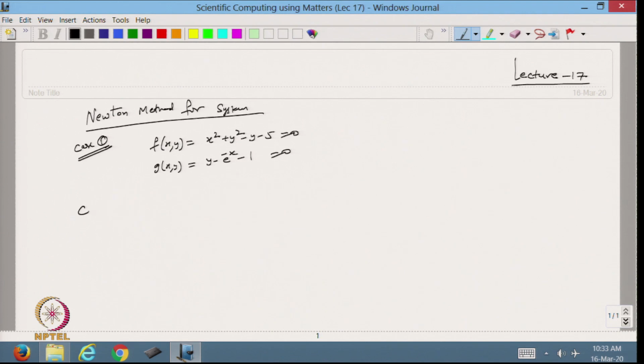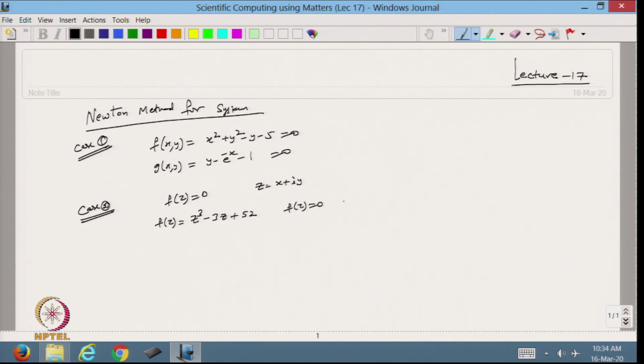Now I take case 2, how we can find the complex root. Suppose I have a function of z equal to 0, where z is a complex number x plus iy. In this case let us take the example f(z) equal to z cube minus 3z plus 52, and I want to find where f(z) is equal to 0.